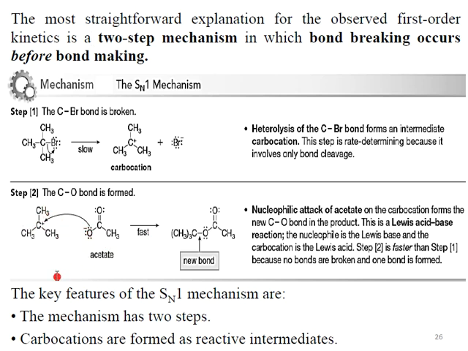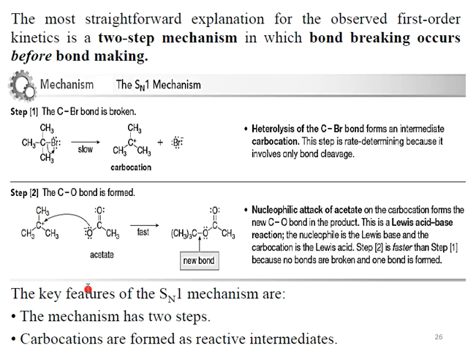That means the nucleophile can easily come from this side or from the back side, and there is no steric effect here, and it directly gives you the product. This is the best explanation for the SN1 mechanism as a two-step reaction.